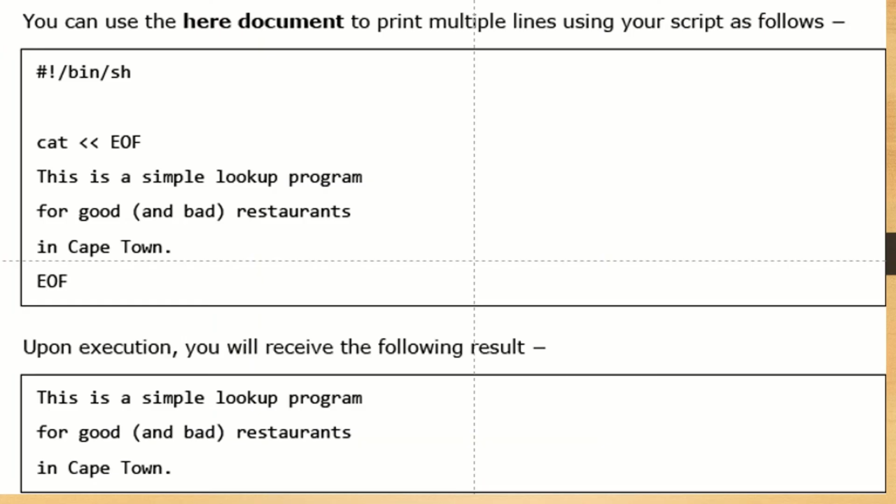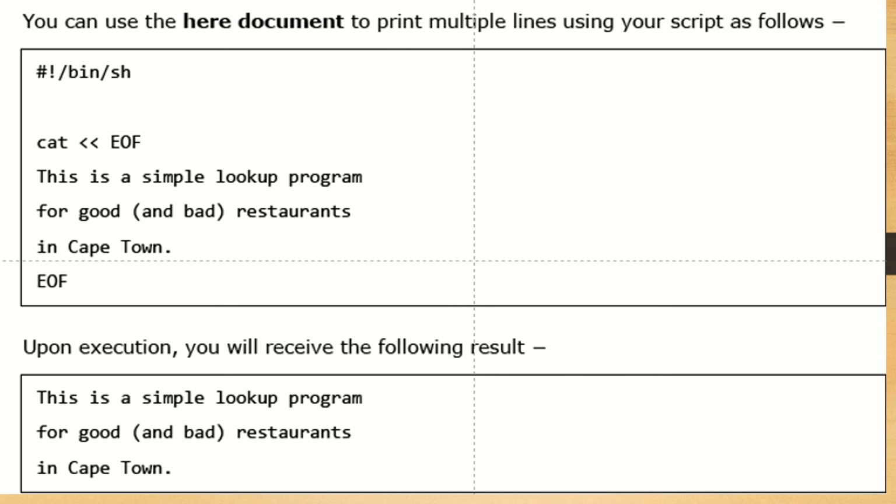Here is a simple example of a here document to print multiple lines using the script as follows. You write cat less than end of file. This is a simple lookup program for good and bad restaurants in Cape Town, until the end of file.